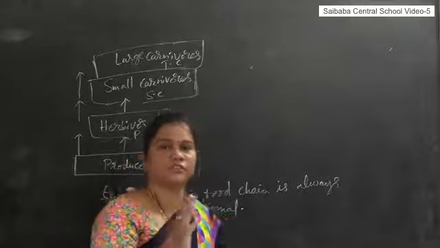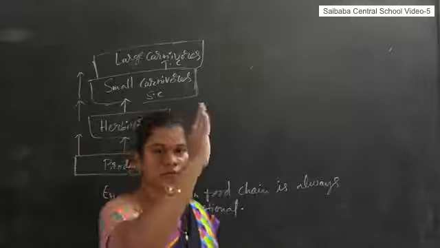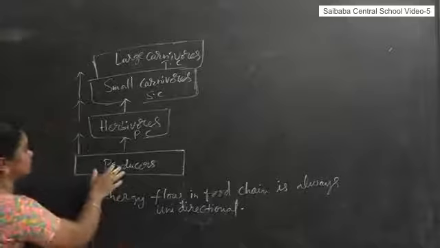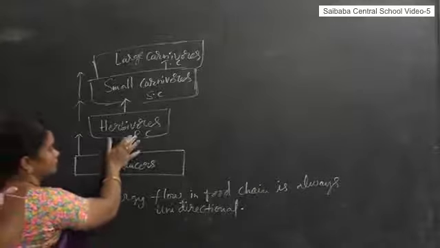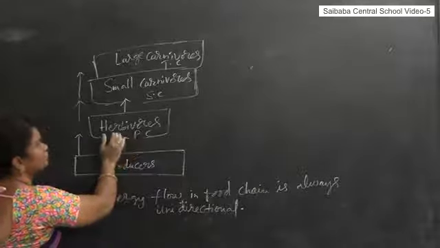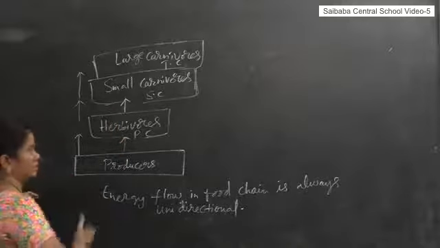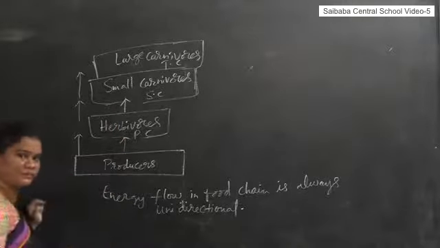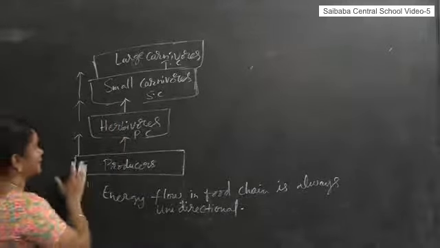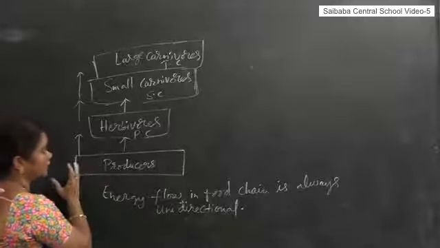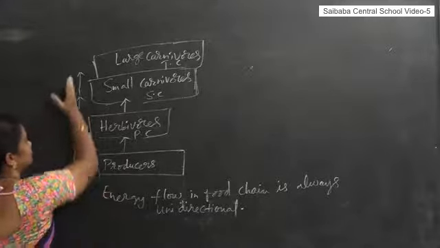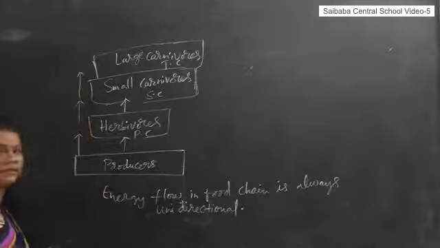Always energy moves from bottom to top. The energy which is moving from producers to herbivores has to move from herbivores to small carnivores. Never does it come back to producers, right? So that means energy flow in a food chain is always unidirectional.